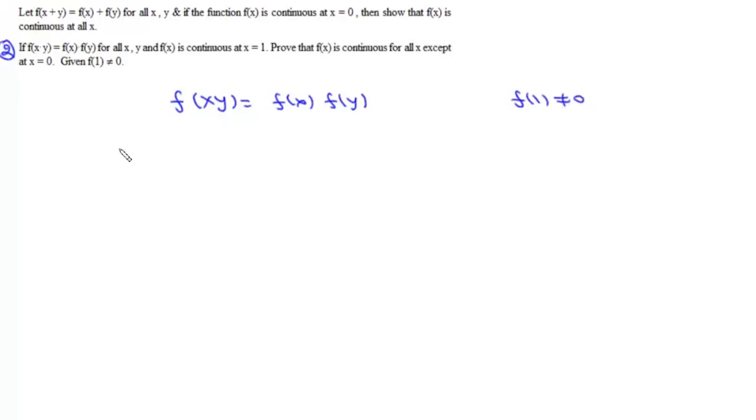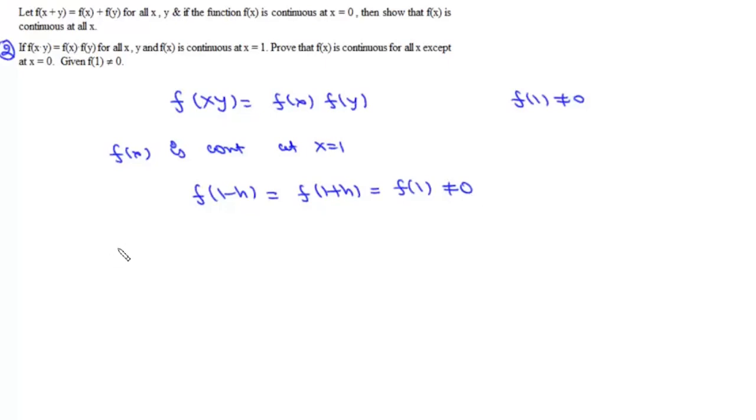Now it says f(x) is continuous at x equals 1. Now that means f(1-h) will be equal to f(1+h), and they'll be equal to f(1), and none of it is equal to 0.